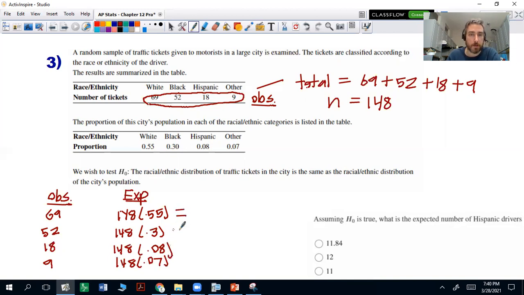So let's get all of these, and then we can answer this question, but we can come back to these numbers because we'll need them.